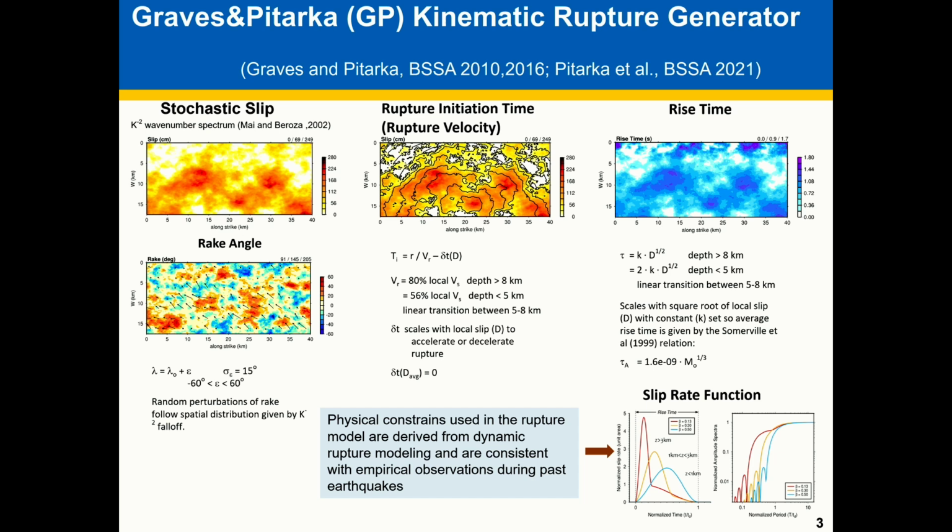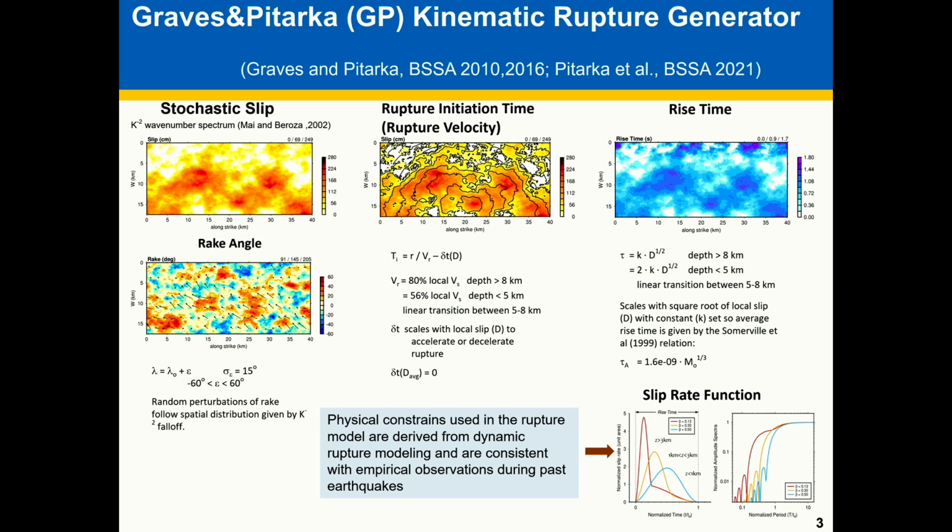I think for those who are not familiar with the rupture generator, we're trying to capture the source variability both in space and time using a technique that is based on dynamic rupture modeling to constrain the time history of the rupture movements, of the fault movements, and we also would like to have a good representation of the knowledge that we have gained based on past earthquakes. So not just rupture dynamics, but also trying to get some kind of empirical knowledge through the history of modeling earthquakes in terms of reproducing the kinematics.